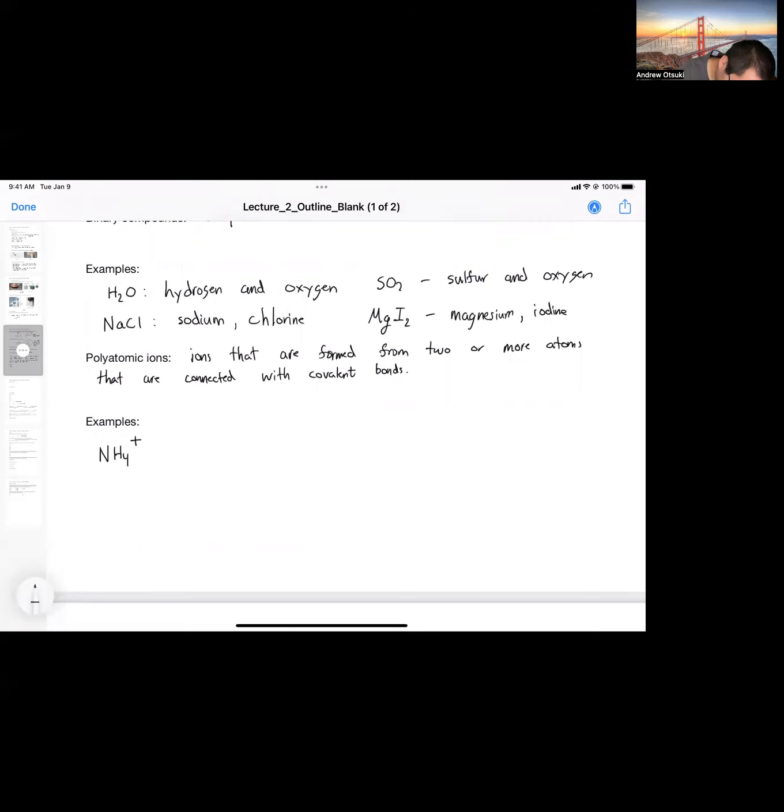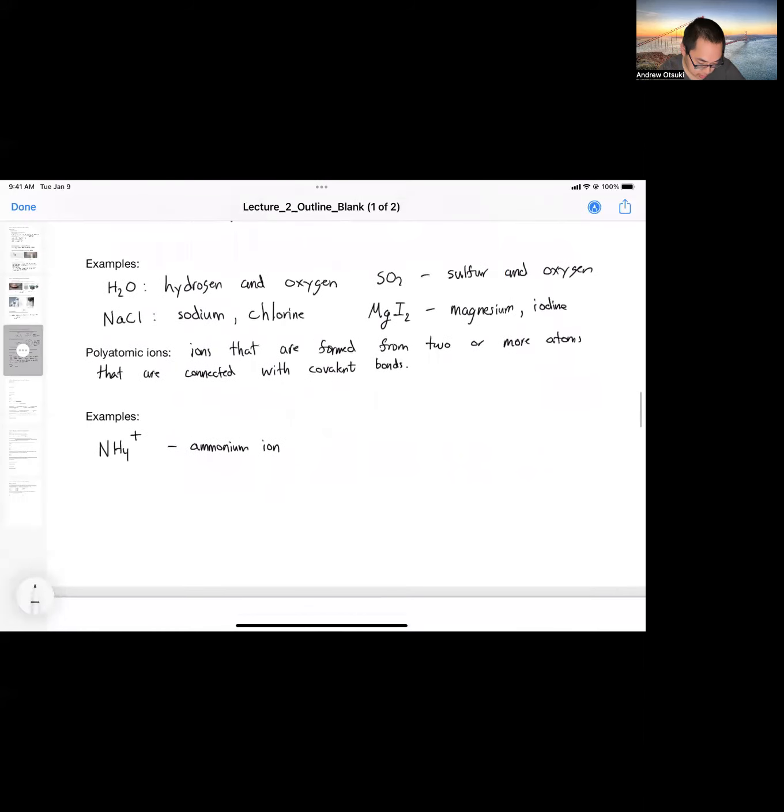So this is what we call the ammonium ion. And then we have OH minus. This is called the hydroxide ion.